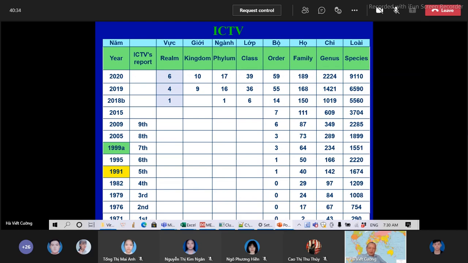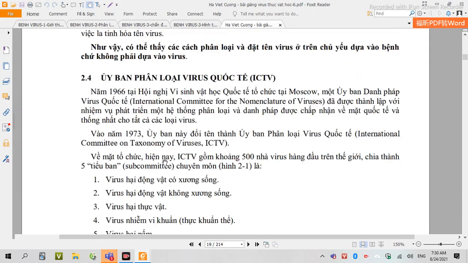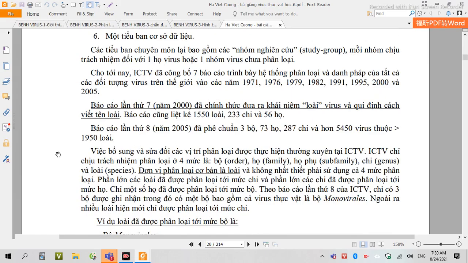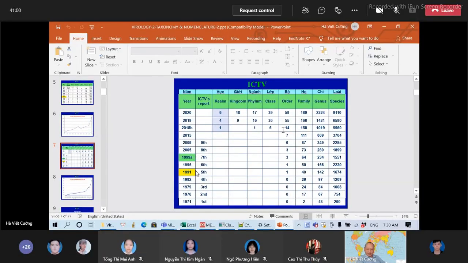Because you already read information about taxonomy, one person please tell me why. What is important in virology taxonomy in 1991? Third question, I take time to discuss this slide. We have three things to discuss here: number one, 1991; second, 1999; and the last one is the RIMS concept.